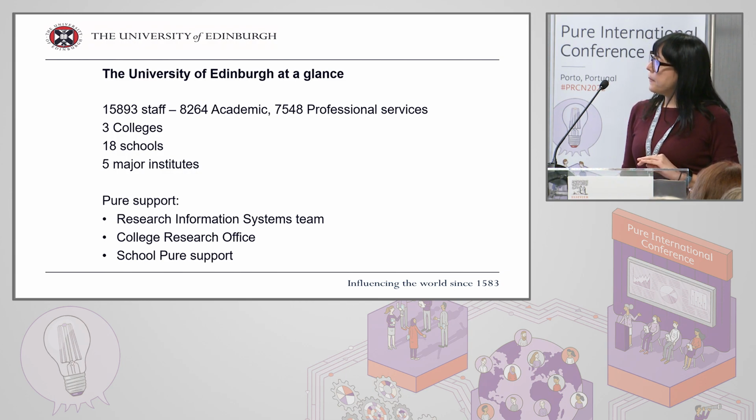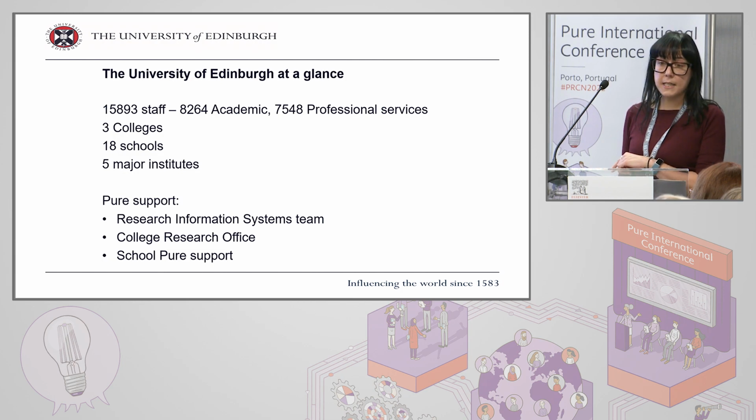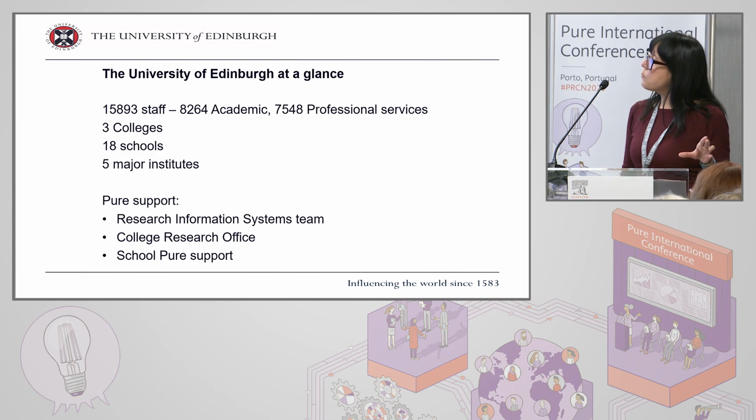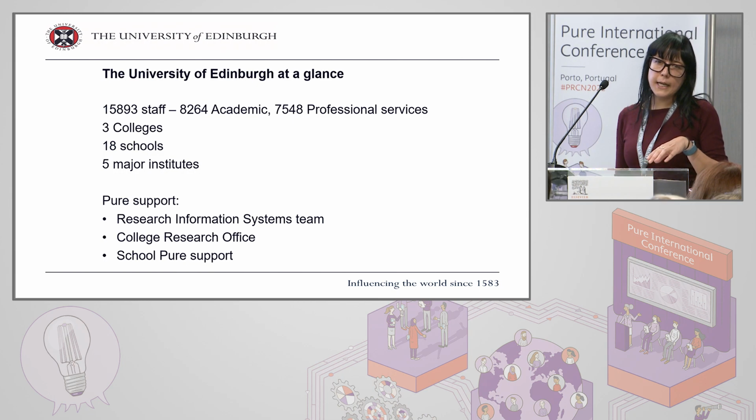So at a university level, peer support is provided by the Research Information Systems team. So it's the peer team that Nik here manages. Then college research offices support peer users in terms of profiles and also to comply with all the different open access policies. And then some of the big schools also have dedicated support to help users.